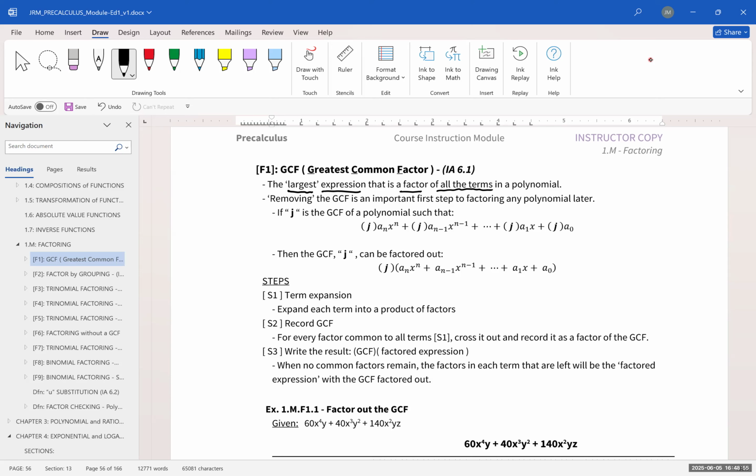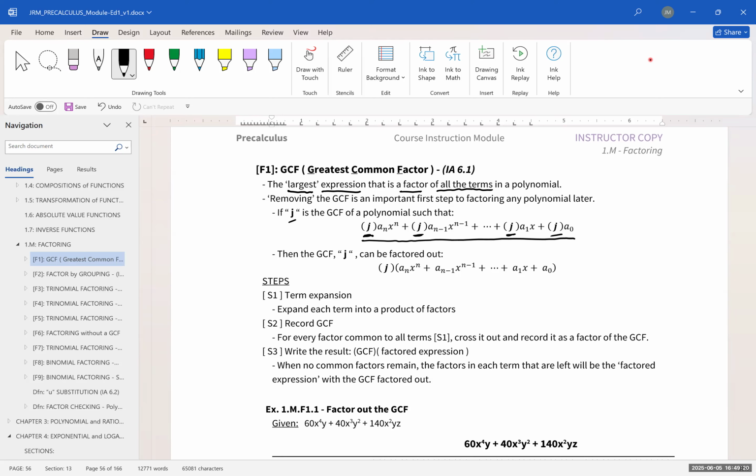So for example, if we have this polynomial, here represented in a more general form, we can see that this variable, lowercase j, represents our greatest common factor. And you can see that our greatest common factor is in each term in this polynomial.